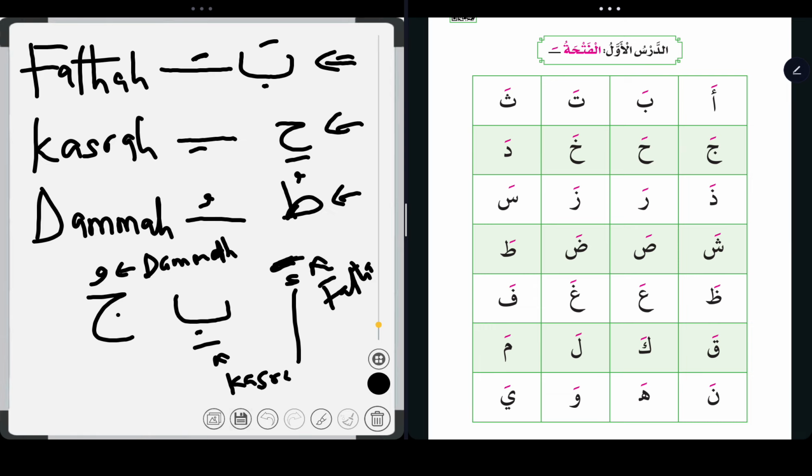Now, that is a revision of the name of each letter.